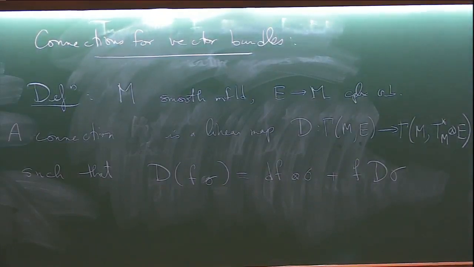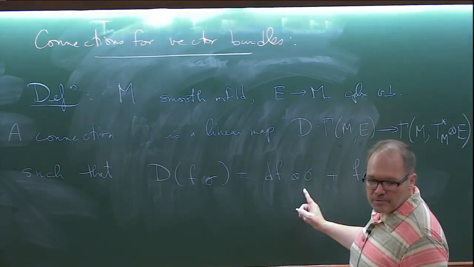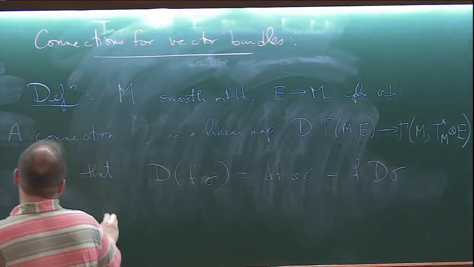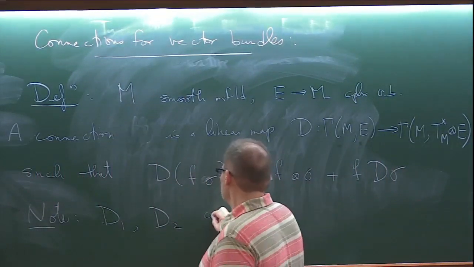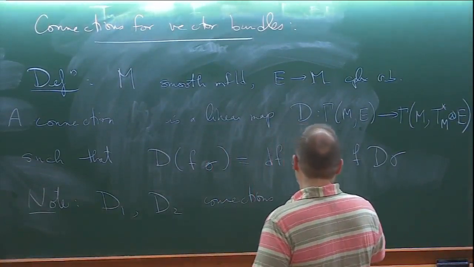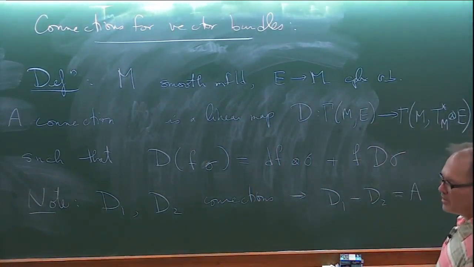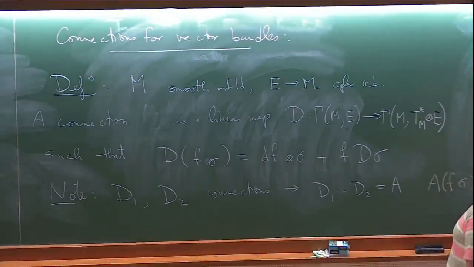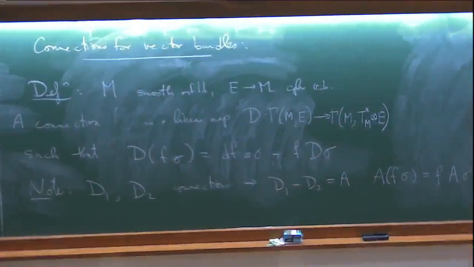Okay, so notice that this term here does not depend on the connection D. So note, if D1 and D2 are connections, then D1 minus D2, let's call this thing A, satisfies A of f sigma is f A of sigma. This is not differentiating. Okay?